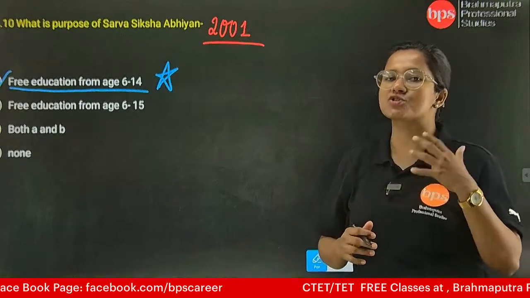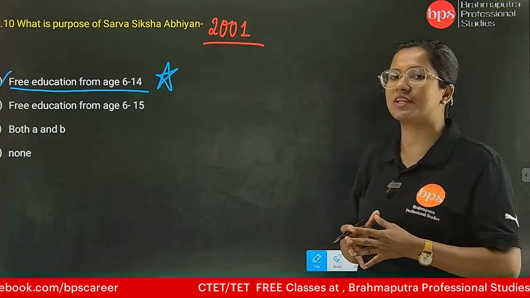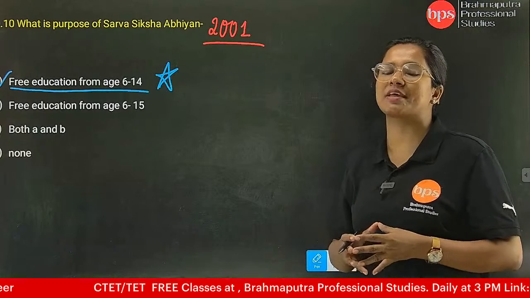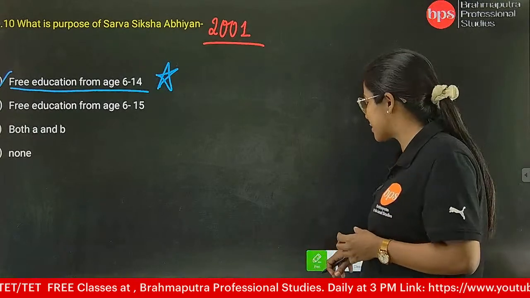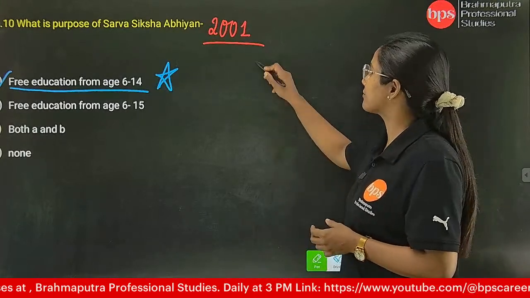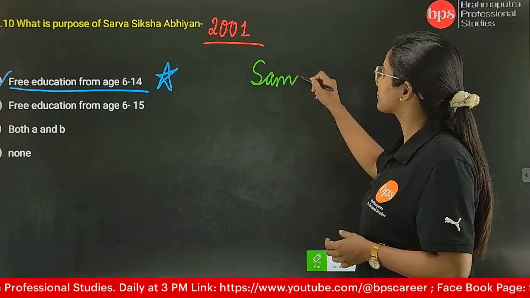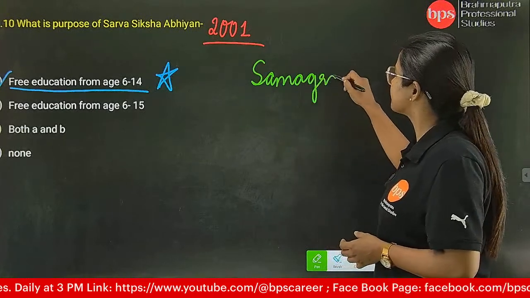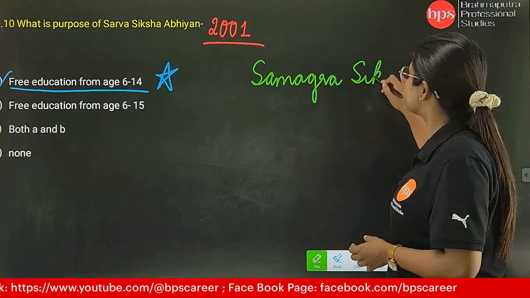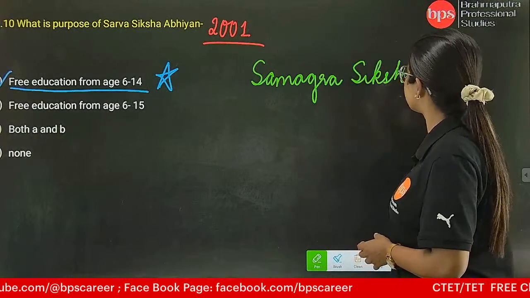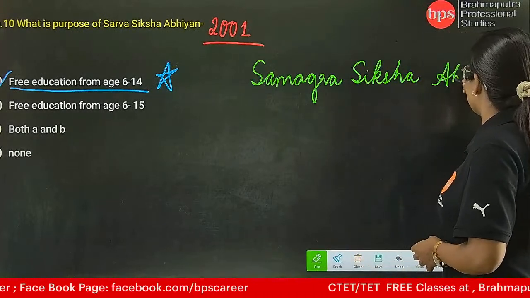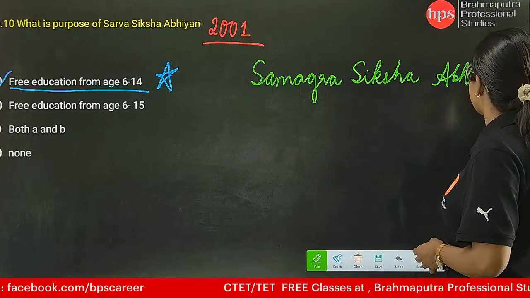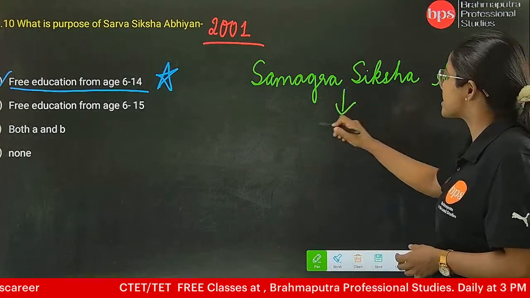Apart from that, I just want to add a few pieces of information related to our education system, and that is the Samagra Siksha Abhiyan. This is another scheme which is inclusive.